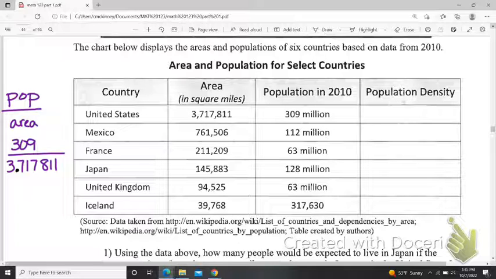So we're going to do 309 divided by 3.717811, and I get 83. This would be 83 people per square mile, or maybe we could just go people per mile squared.